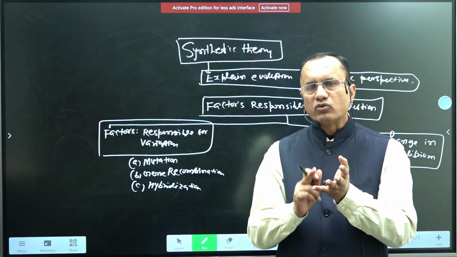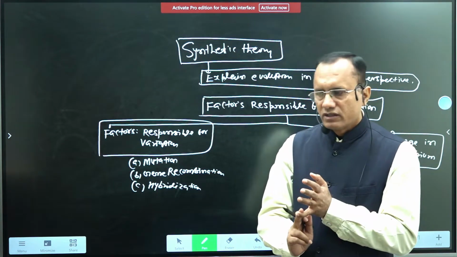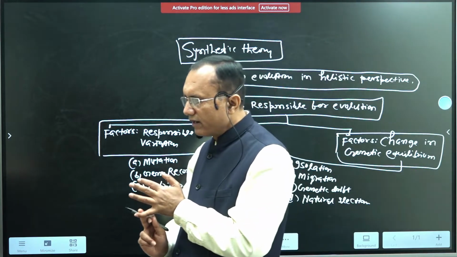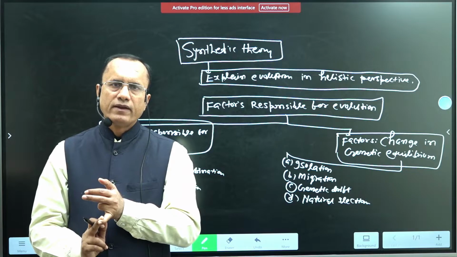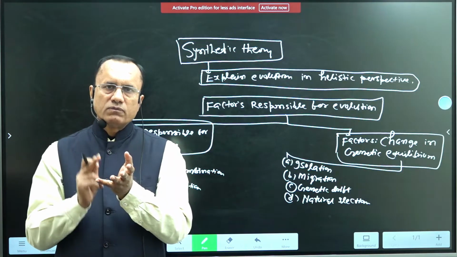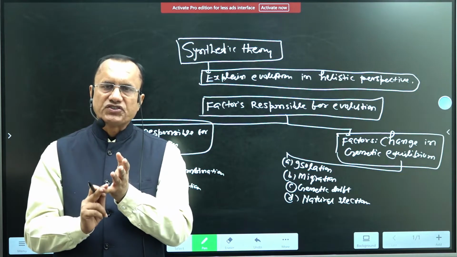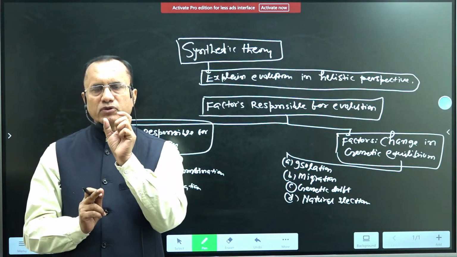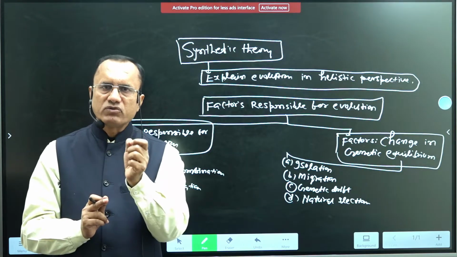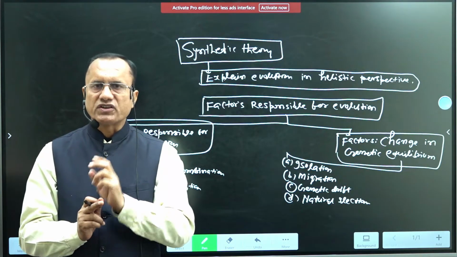That concept was developed by Hugo de Vries, right? Because new genes come into an organism through mutation. But remember that there are 2 types of mutation, negative mutation and positive mutation.